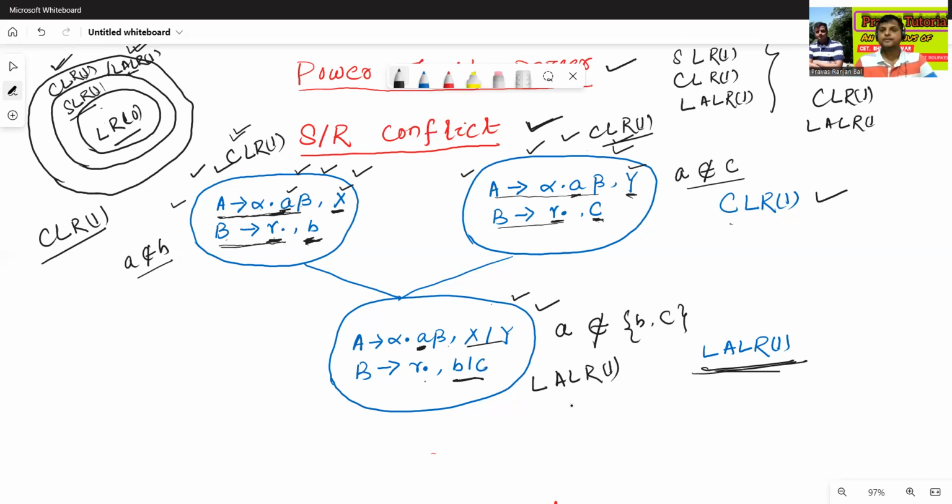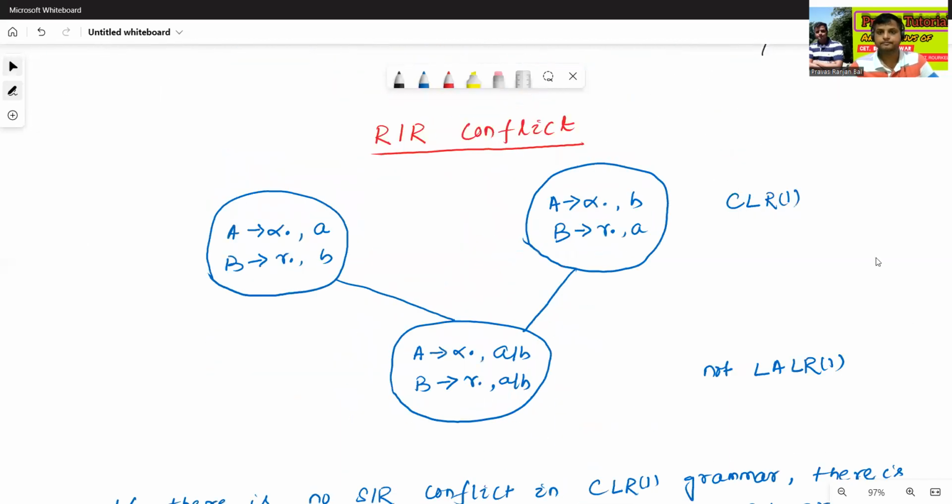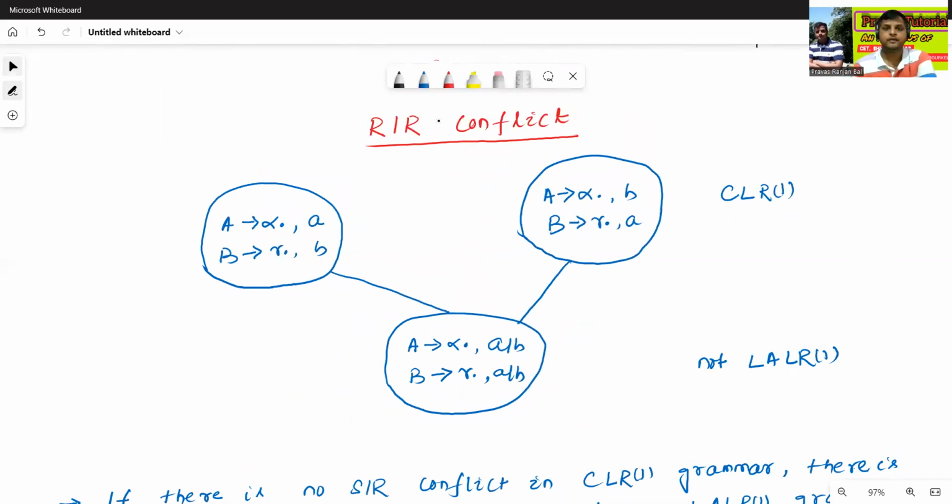Okay, try to understand what happens in case of RR conflict, or reduce conflict. In case of CLR1, we have A to gamma dot and B to gamma dot.